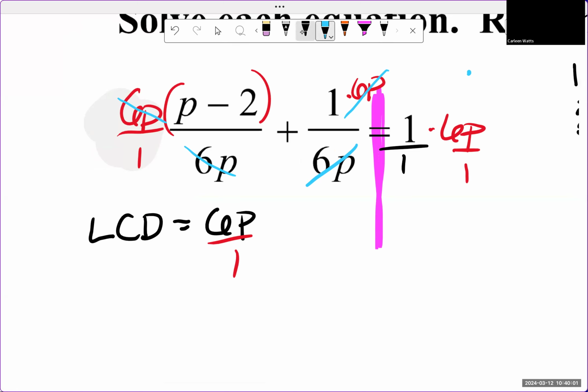Okay, and let's bring it down. We have p minus 2 plus 1 is equal to what on the right-hand side? 6p. Okay, now I do not need those parentheses anymore because there's nothing to distribute. So I'm going to make them go away.